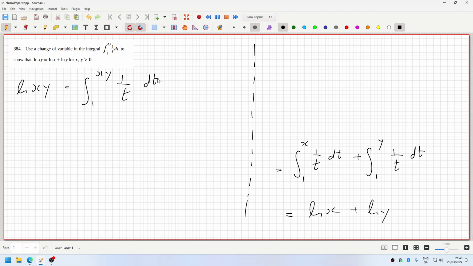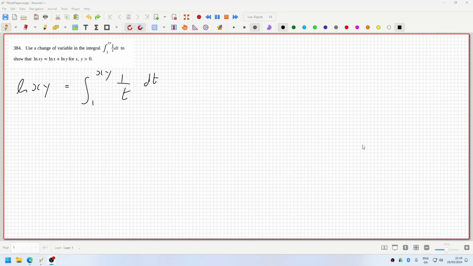Could I change this into a sum? But what sum? I'm gonna have to pause and really think about this.